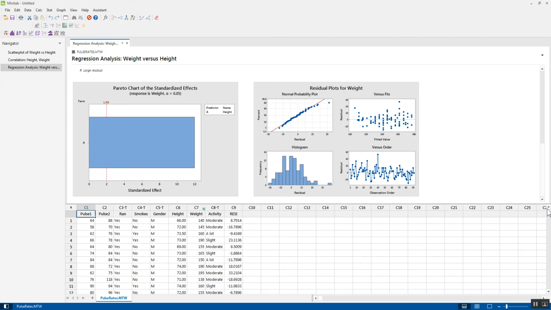Imagine all 91 of those students all queued up, and they're having their height measured and their weight measured. Let's imagine maybe there's a systematic bias being introduced in the scales. The scales are starting to read maybe too high or too low, so we're starting to see with the observation order the residuals could start tailing down here or going off up in that direction. We're seeing a systematic bias with time order. This is particularly useful in seeing if we've got any measurement error in our data set.